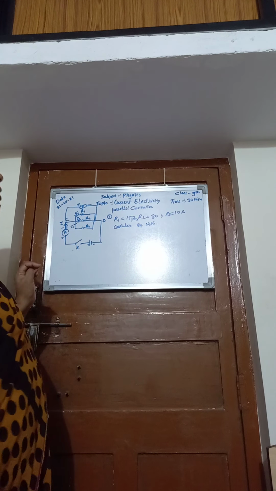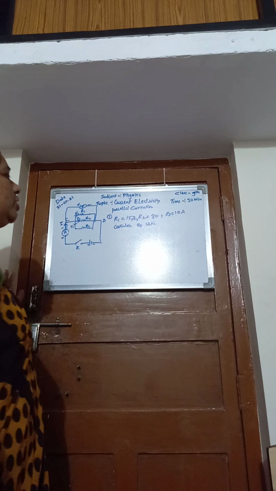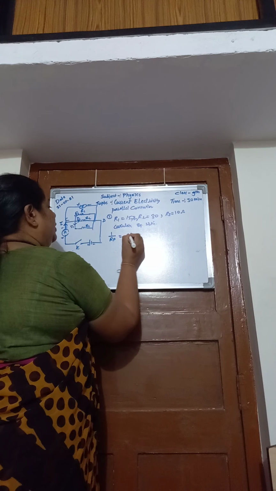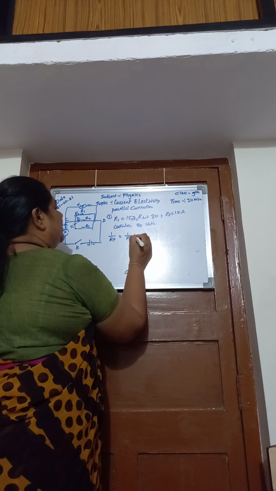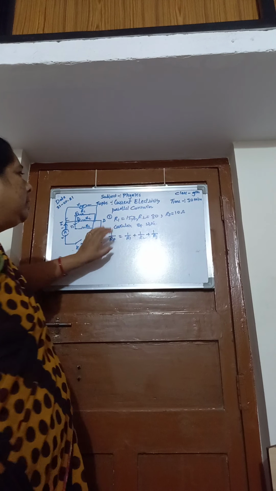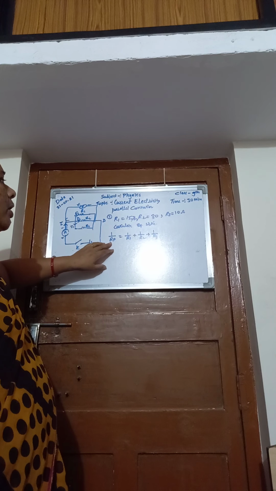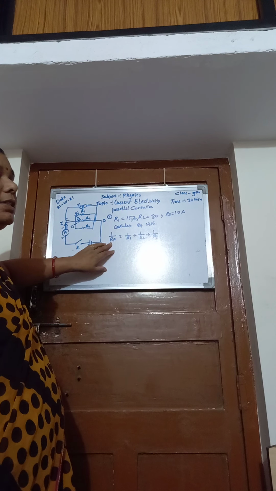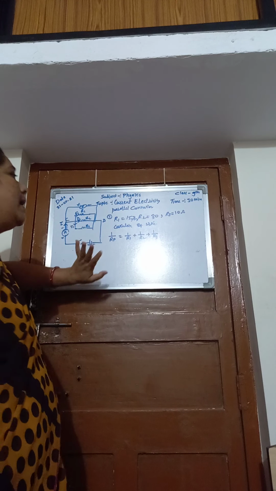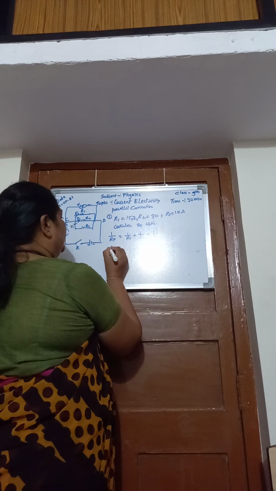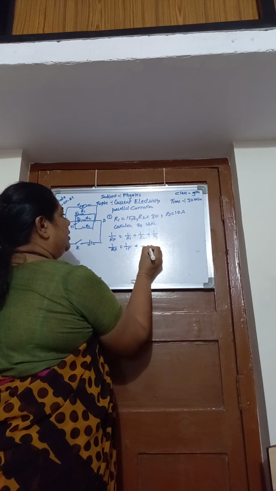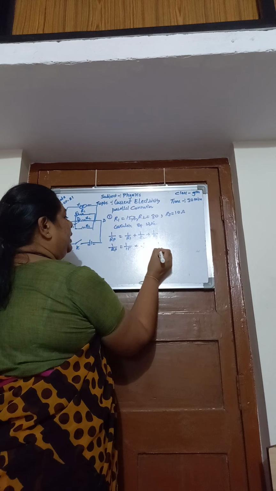What is the formula for calculating equivalent resistance in a parallel connection? 1 upon Rp equal to 1 upon R1 plus 1 upon R2 plus 1 upon R3. Got it? We are using the formula for resistors connected in parallel. Putting in the values, 1 upon Rp equal to 1 upon 15 plus 1 upon 30 plus 1 upon 10.